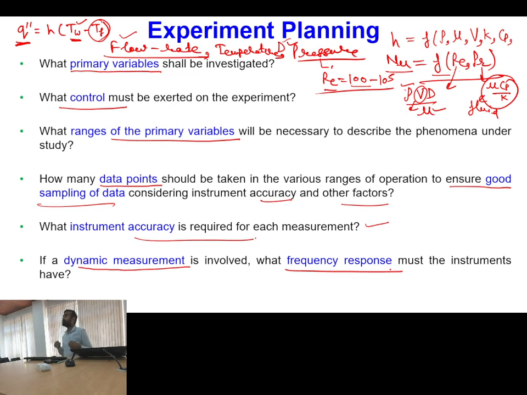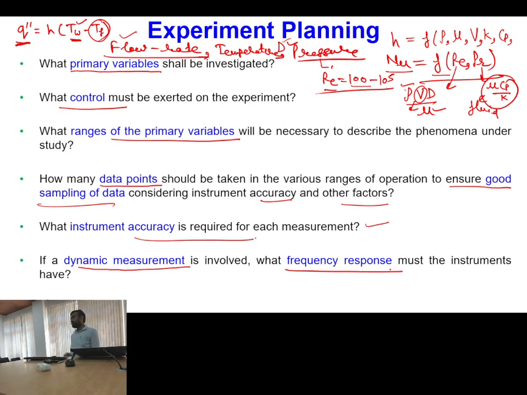Then your thermometer should have sufficient response time to respond to the temperature change, in comparison to the time scale of that physical phenomenon. That's why, when dynamic measurements are involved, your selection of the instrument becomes more critical.